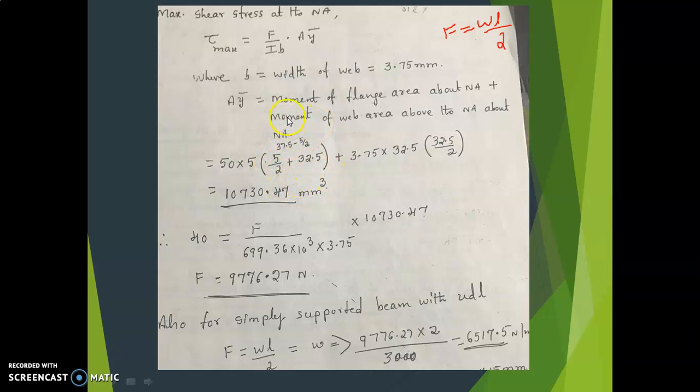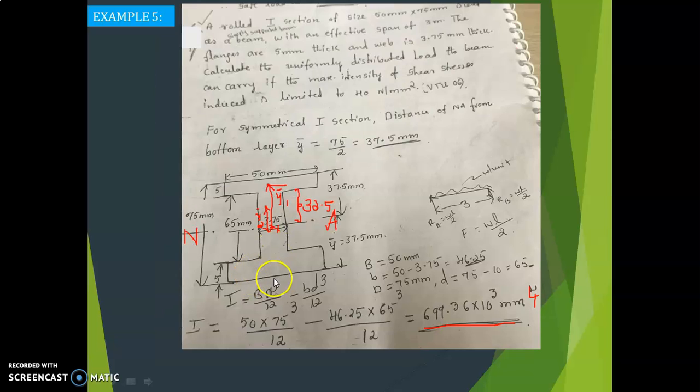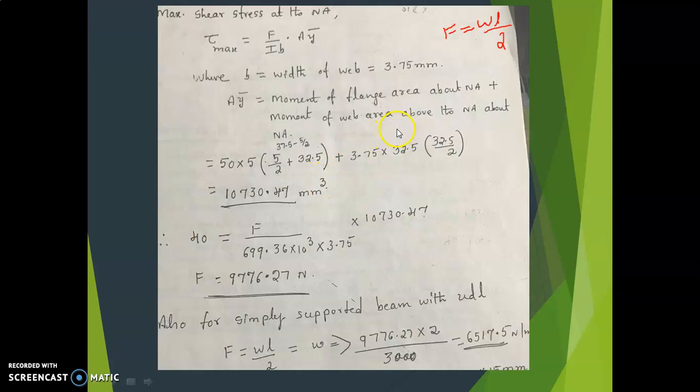Just remember this formula: moment of flange area about the neutral axis plus moment of web area above the neutral axis. Below also there is a web area, but we are considering only above. So above, you have to consider only that portion, that is 3.75 into 32.5 into y bar. Y bar is the distance from CG to the neutral axis, that is 32.5 divided by 2.